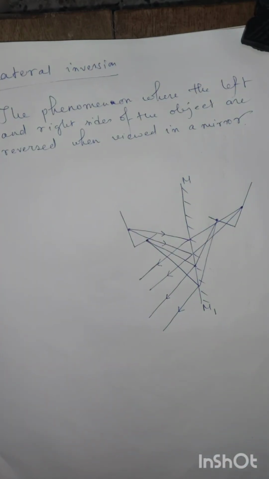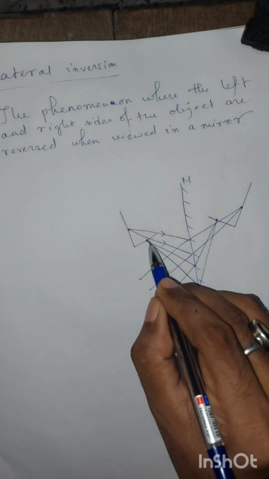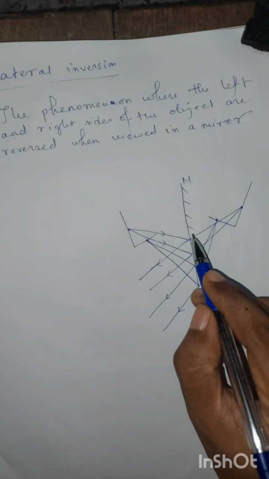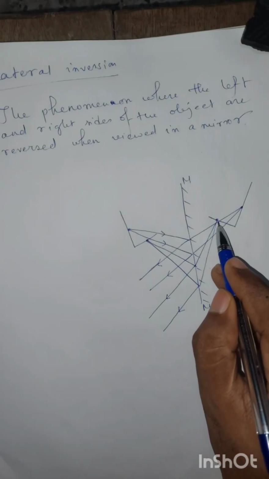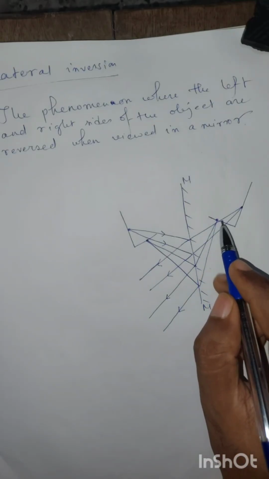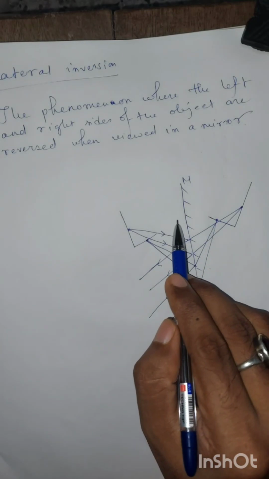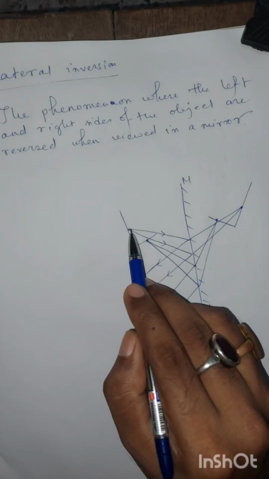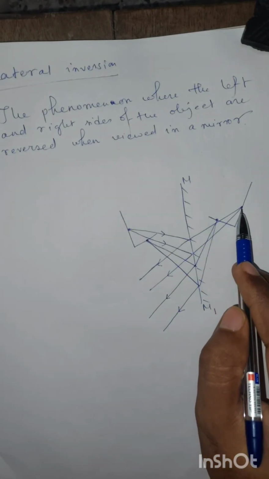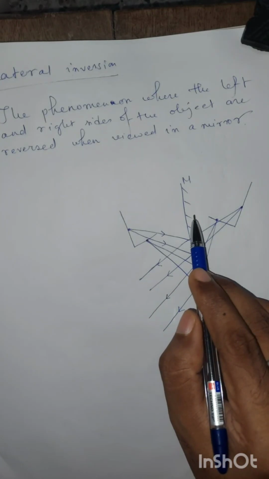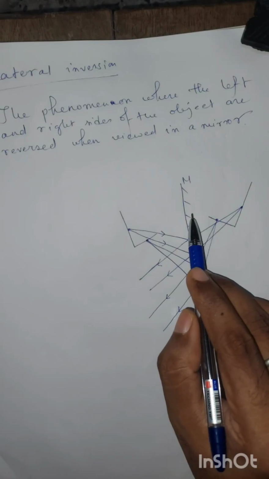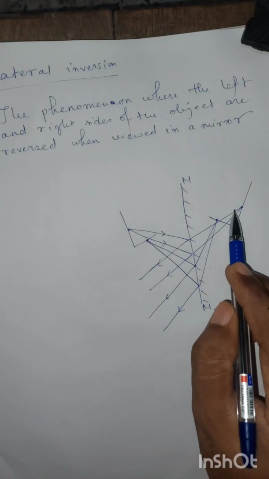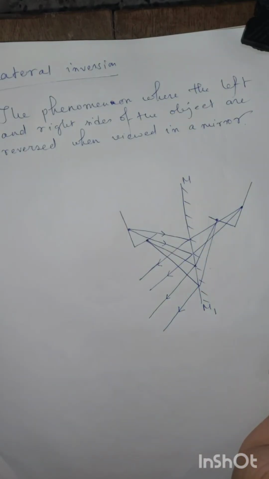We have just proved that object distance is equal to image distance. So this point is closer to the mirror, so its image will also be closer to the mirror, and this point is far from the mirror, that is why the image will also be far from the mirror.